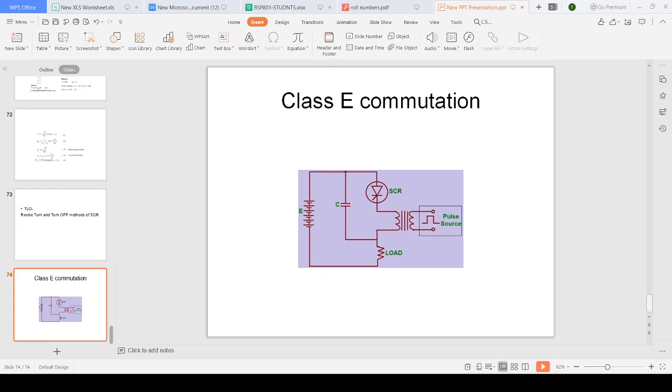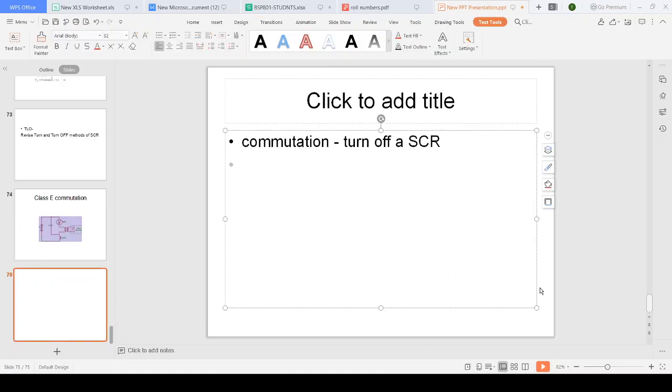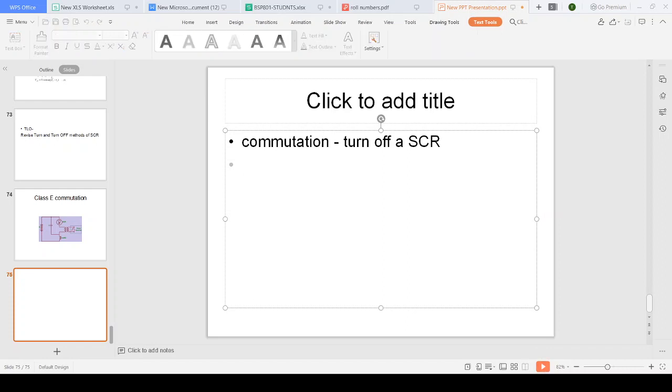We know that commutation means turning off a SCR. These turn off methods are classified into two categories.